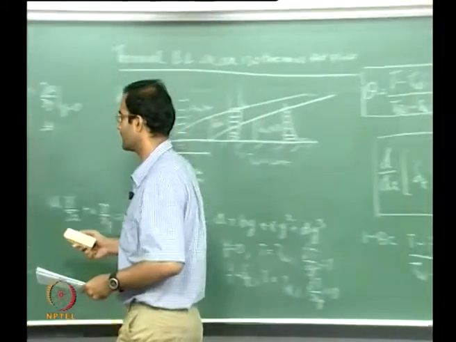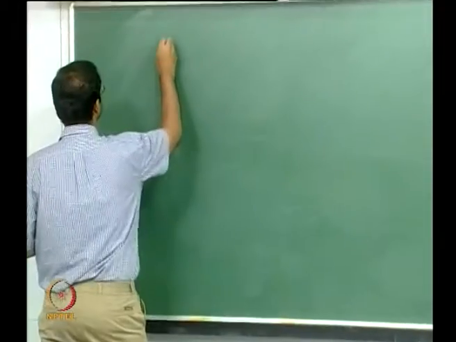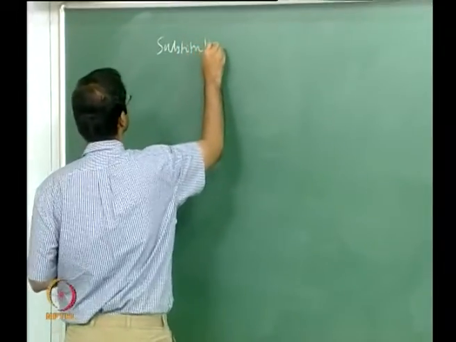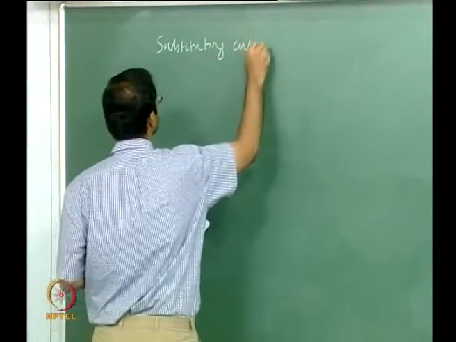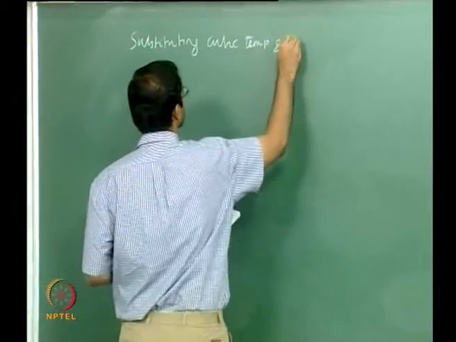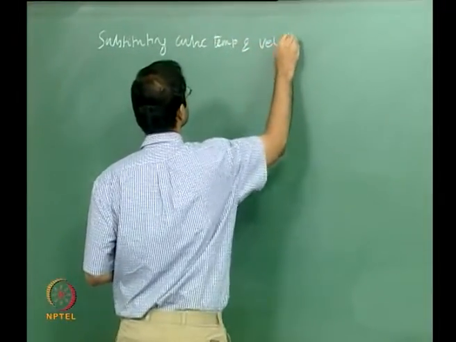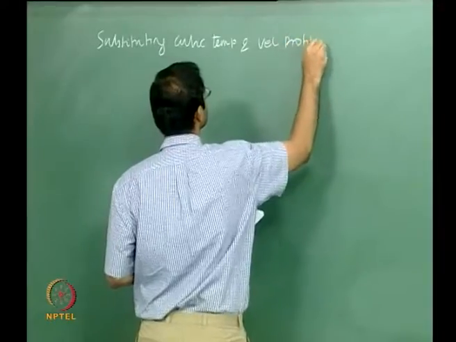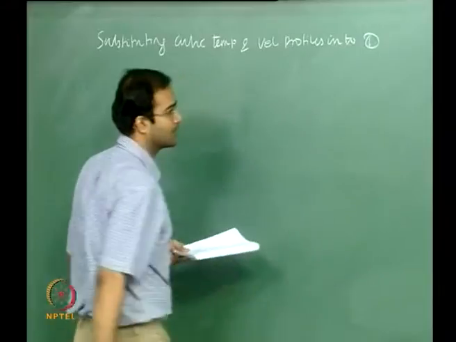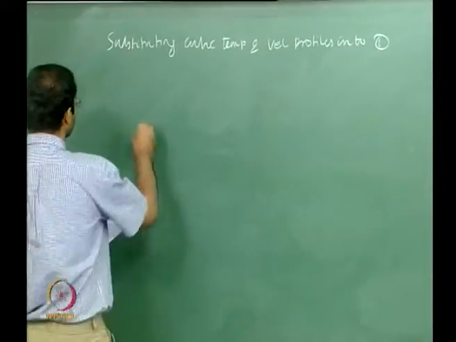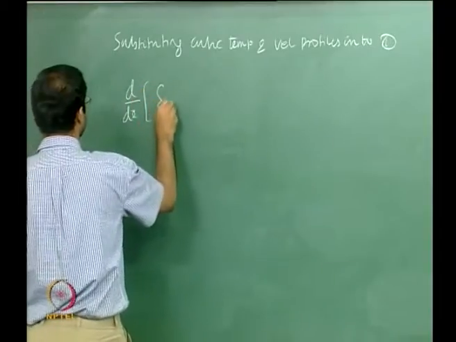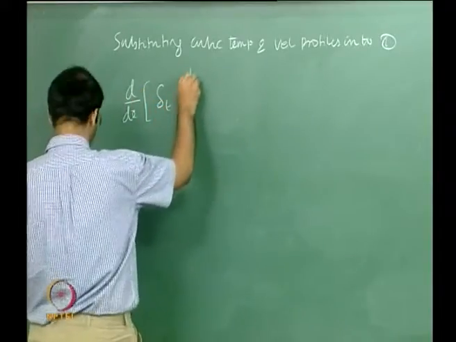So now let me erase this. So substituting cubic temperature and cubic velocity profiles into 1, so d by dx delta t 0 to 1.